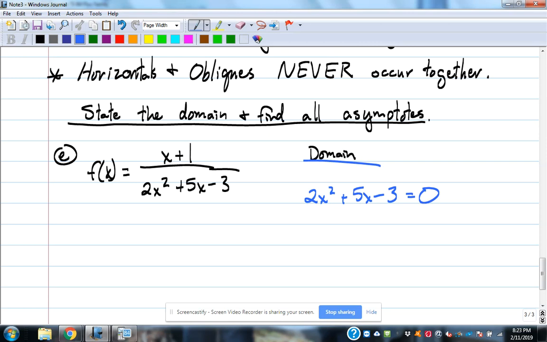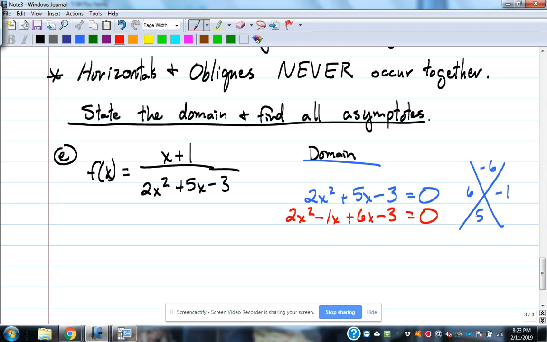So we're going to factor that with the x method. -6 on top, 5 on the bottom. That'd be 6 and -1. Is that right? Yeah, so 2x squared minus 1x plus 6x minus 3.